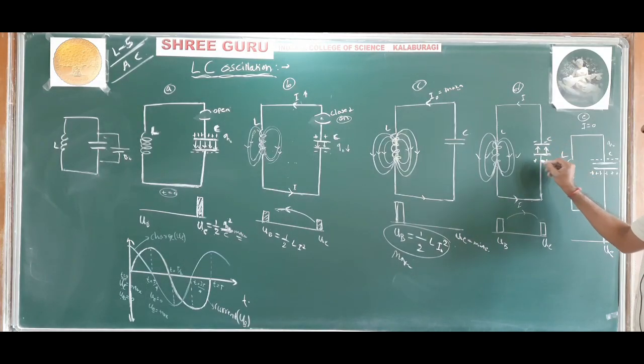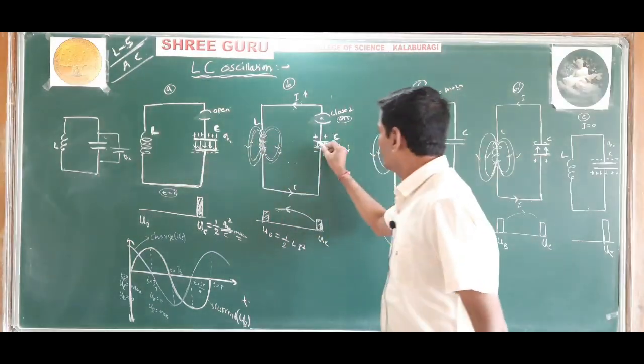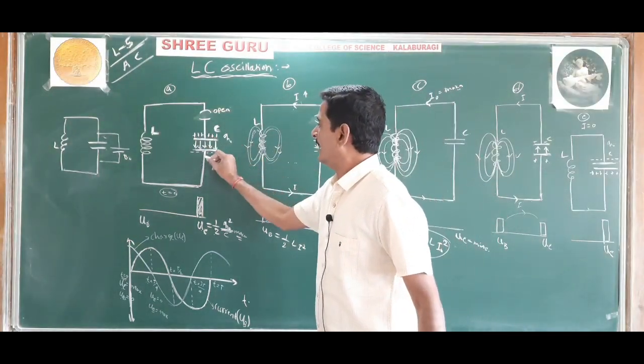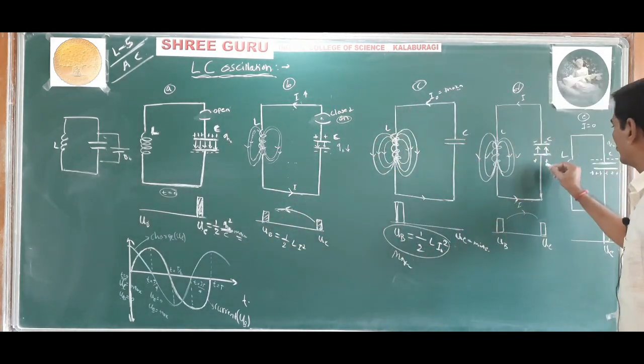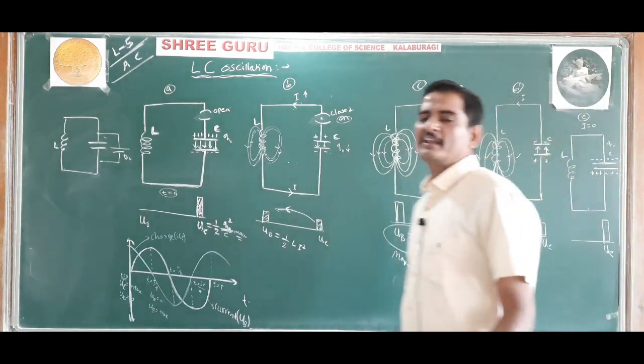That is, this plate becomes positive and this plate becomes negative, whereas initially this plate was positive and that plate was negative.